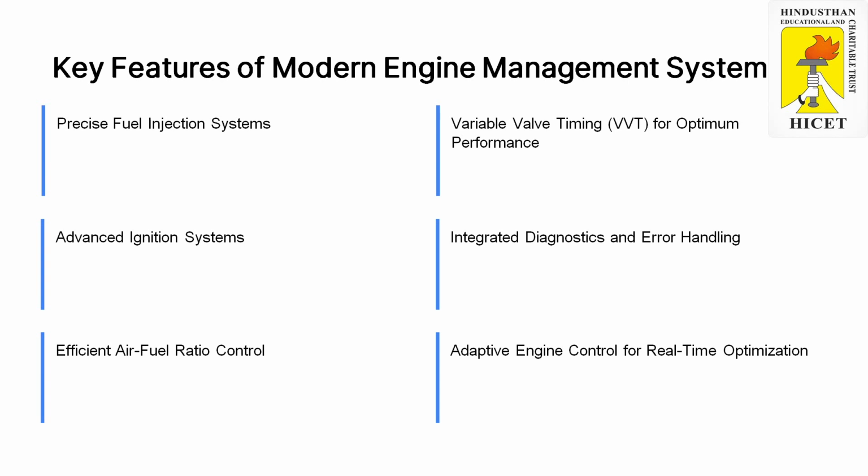Then integrated diagnostics and error handling. Here the OBD tool plays a vital part. This OBD tool reads all the sensor, actuator and ECU signals through the CAN network, and is capable of identifying the health status of each individual component.